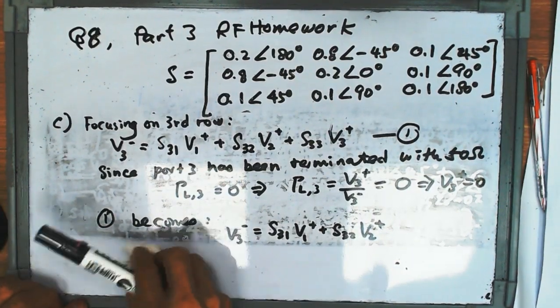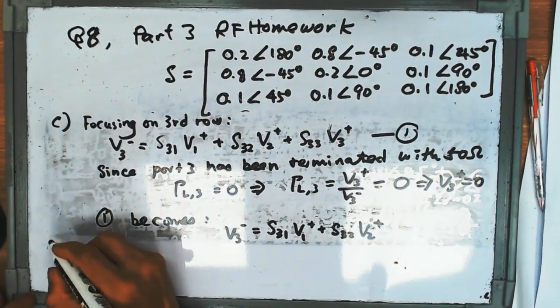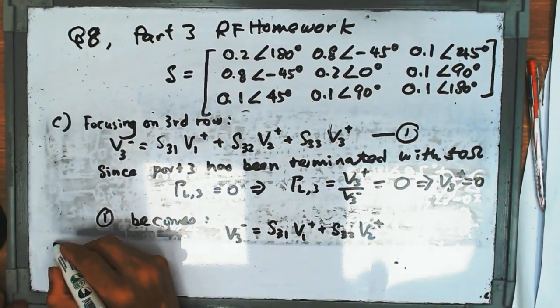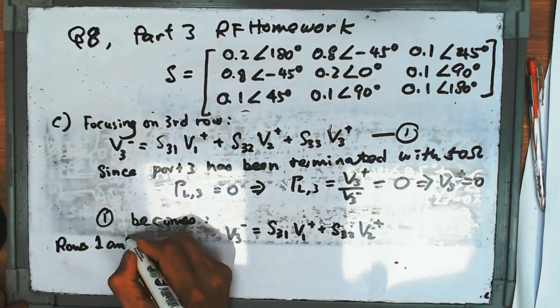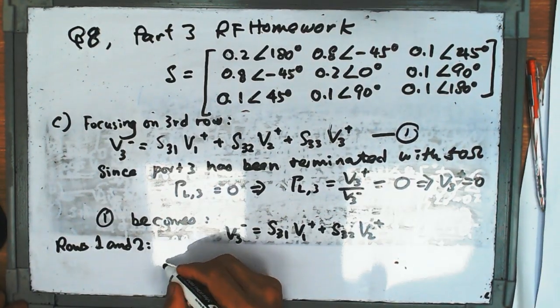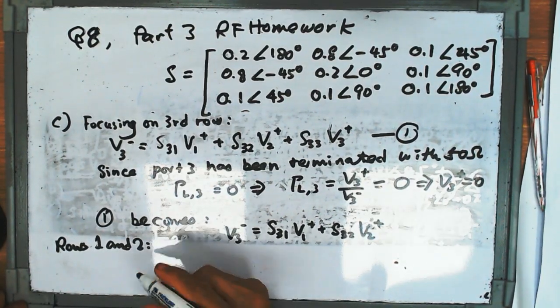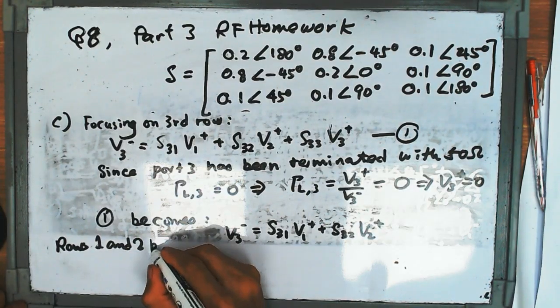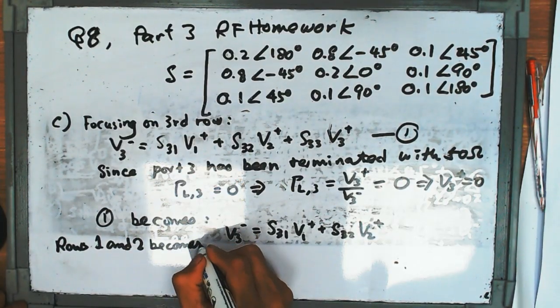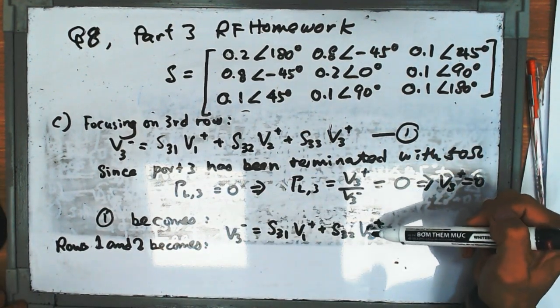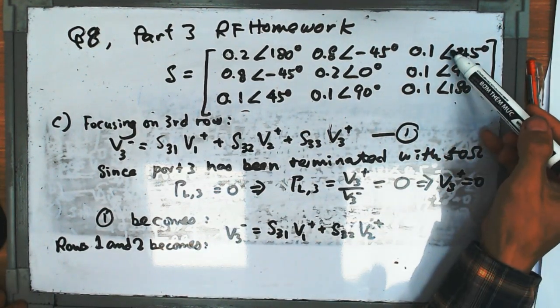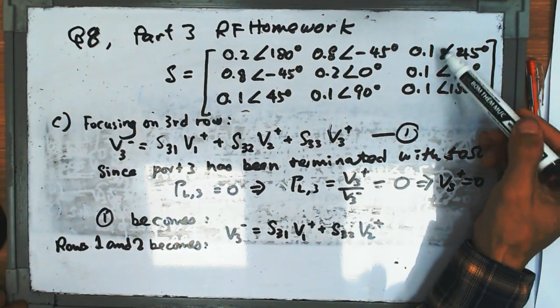Because V3 plus is 0, we don't need to consider the third column.